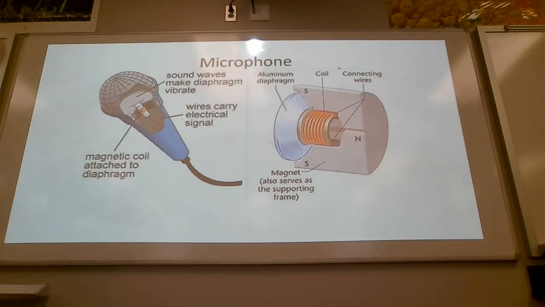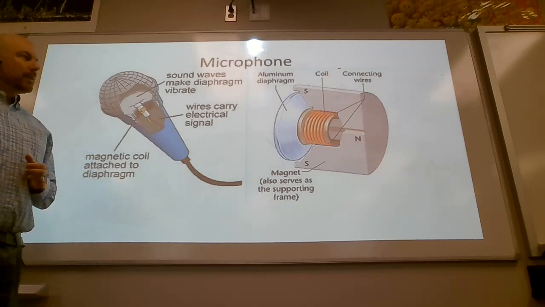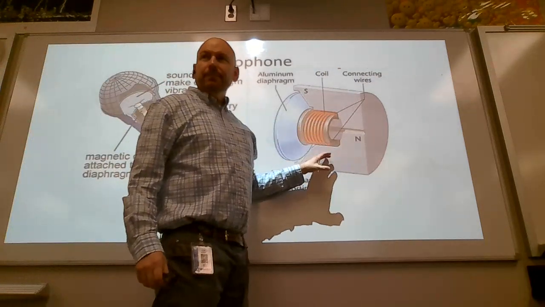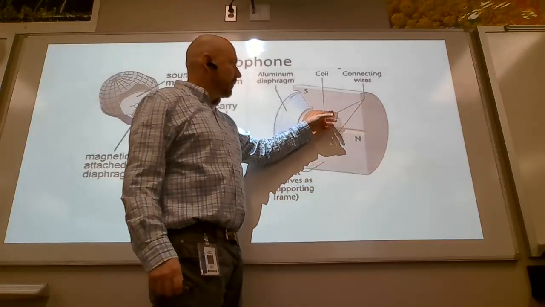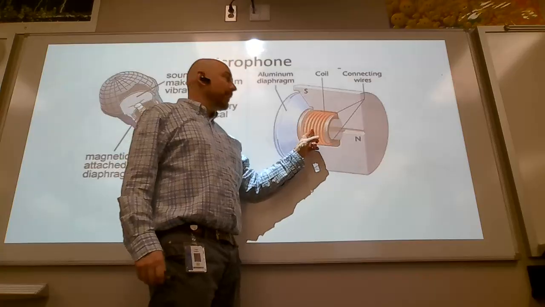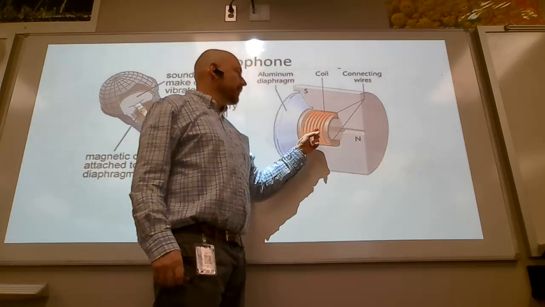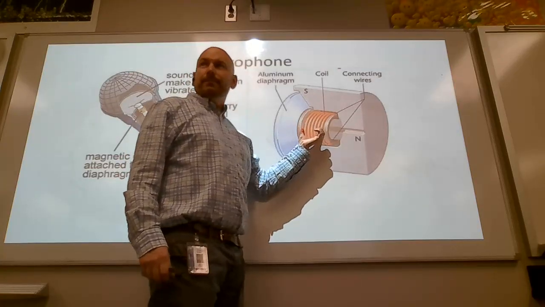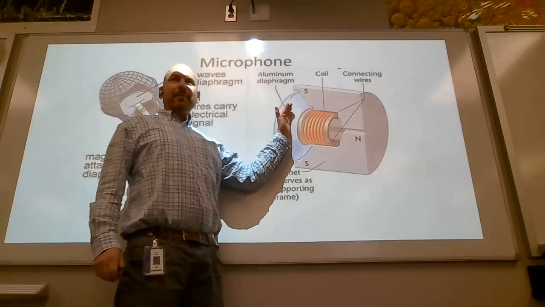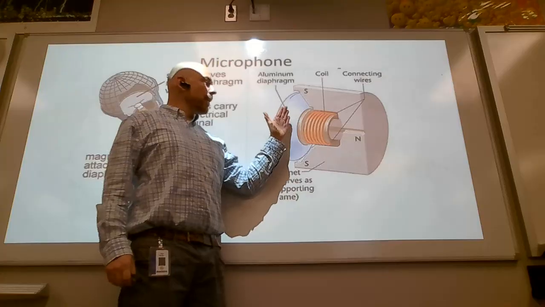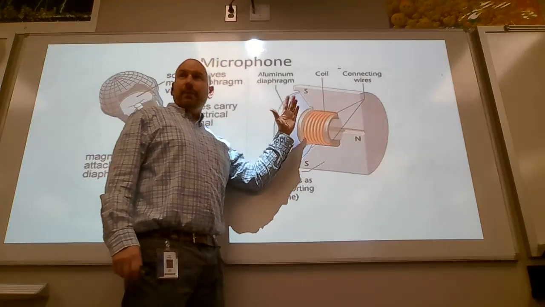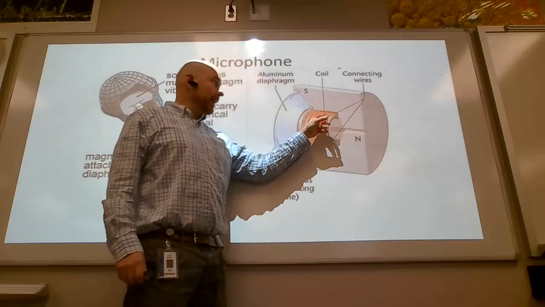Okay, so microphone, this is one design. You have a magnet that creates a magnetic field in this gap here. And then in that gap, we have a coil of wire. As you speak into it, the vibrations of your sound waves make this diaphragm vibrate back and forth in this magnetic field.